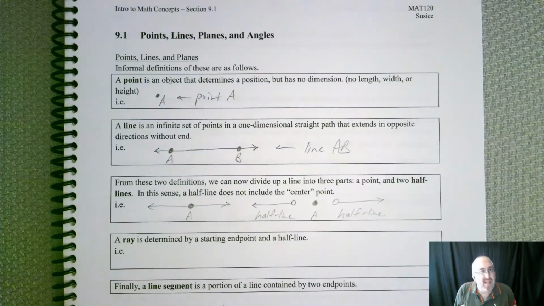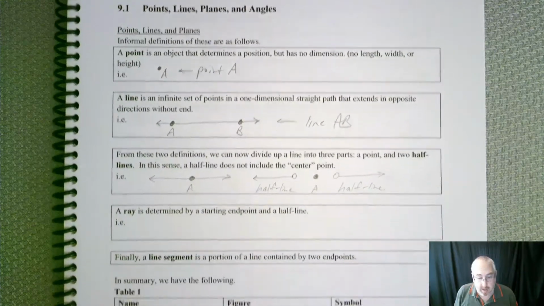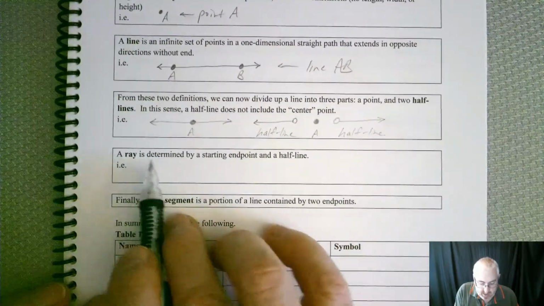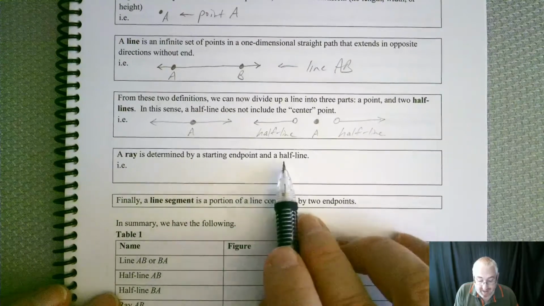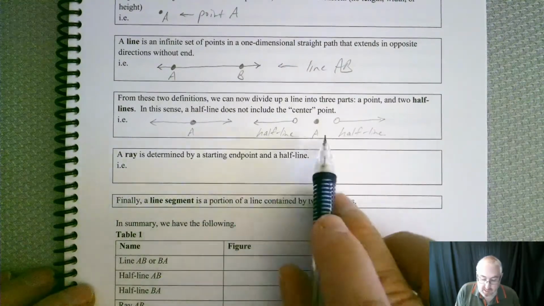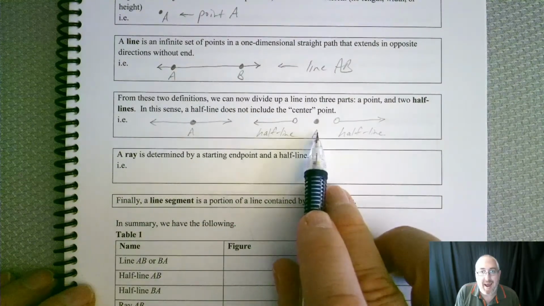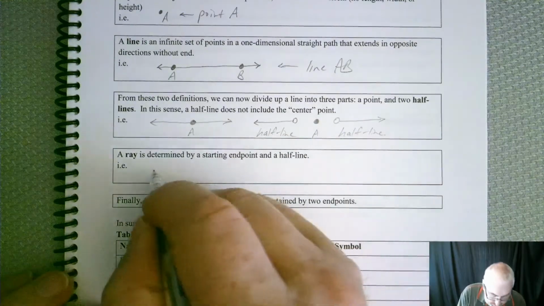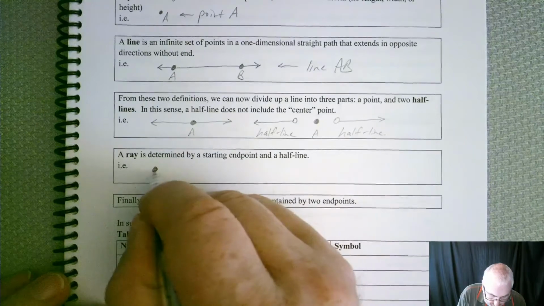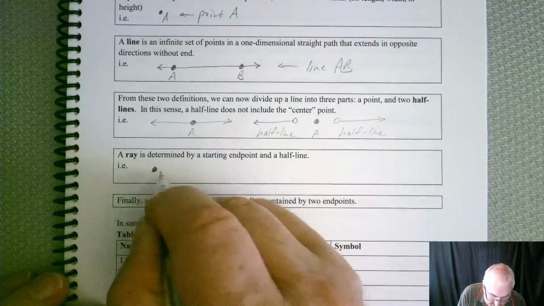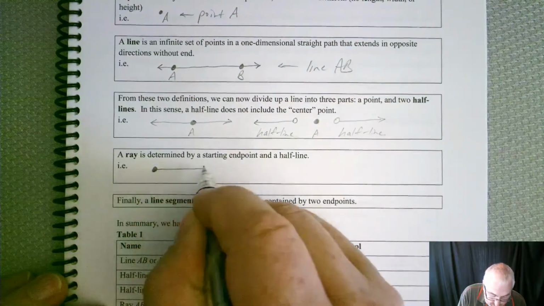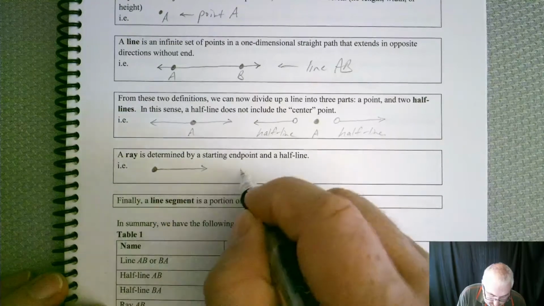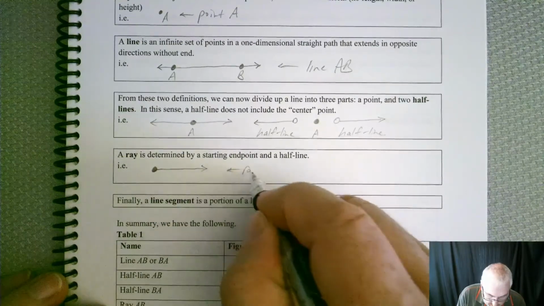Now, half lines typically aren't used very often. What is used is actually the next piece, which is a ray. A ray is determined by a starting endpoint and a half line. So basically we're combining A and the half line together. Again, we can't call this a half line because it includes the point. So this would be a ray.